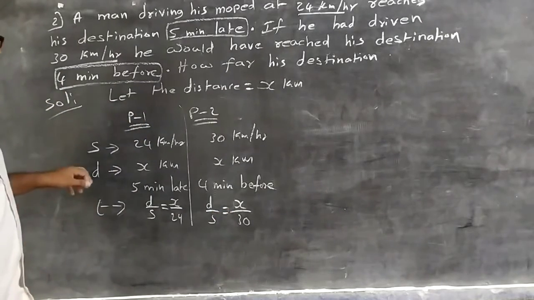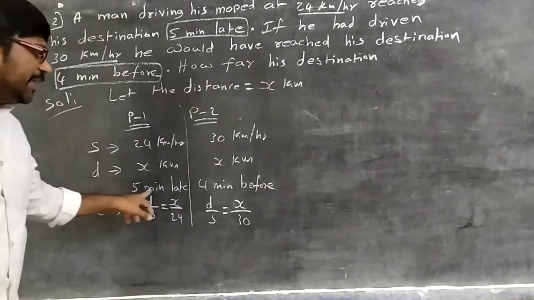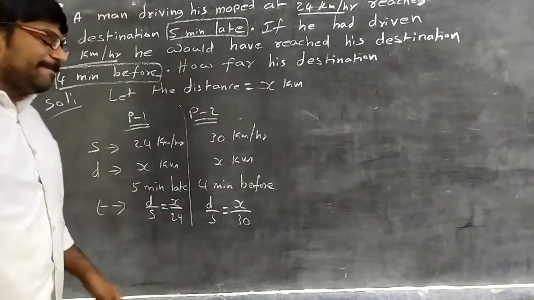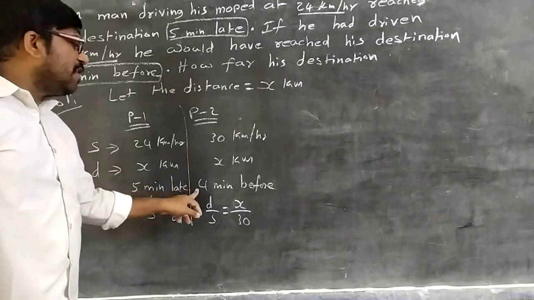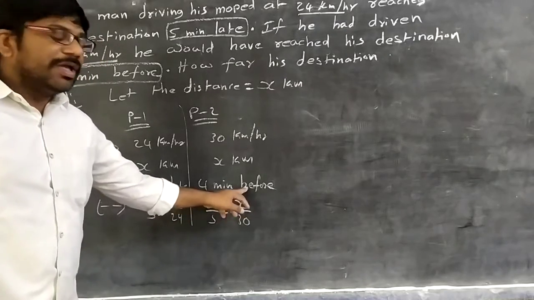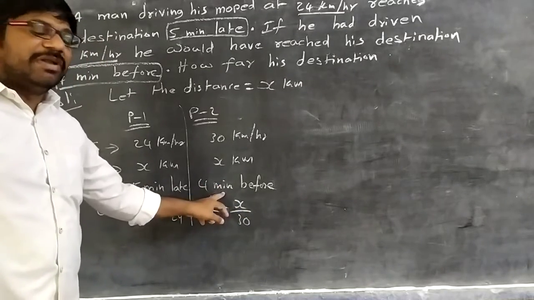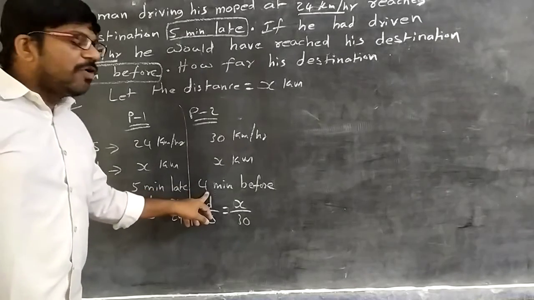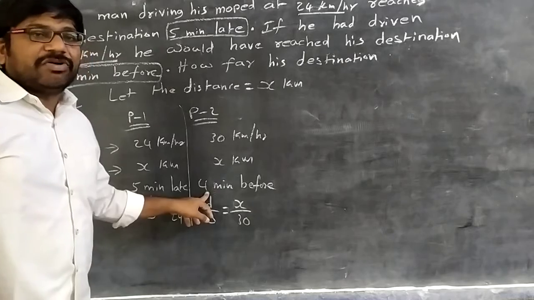Here the time difference is: 5 minutes late, and 4 minutes before. What is the time difference in both cases? 5 minus of minus 4, that is 9 minutes. So late means we have to add, before means we have to subtract.